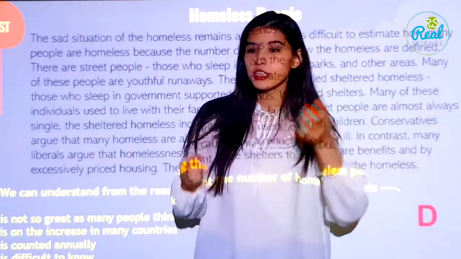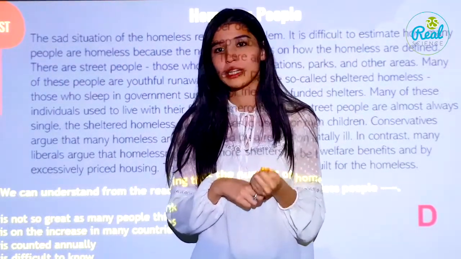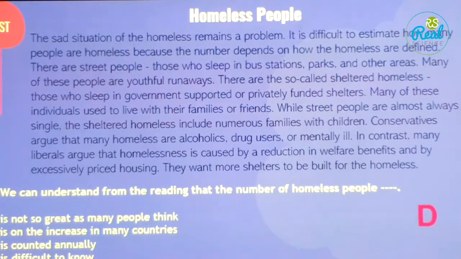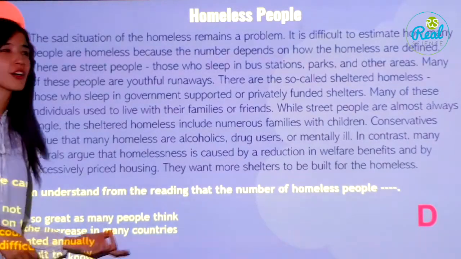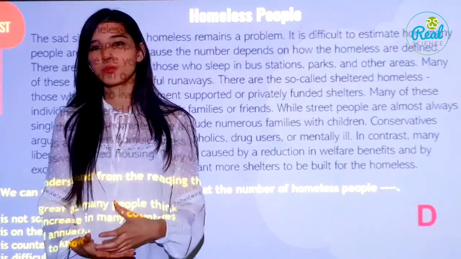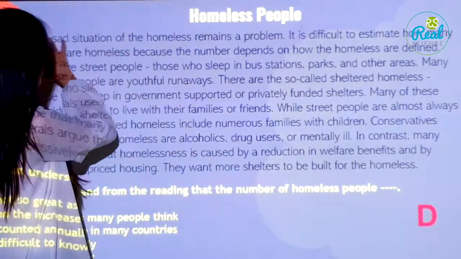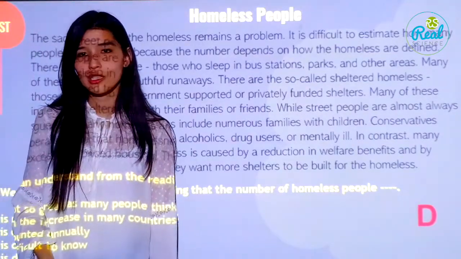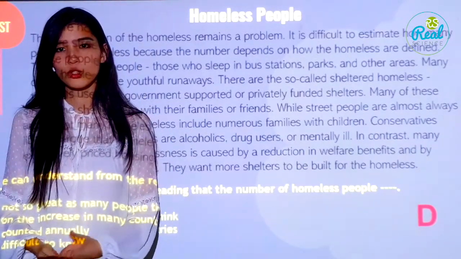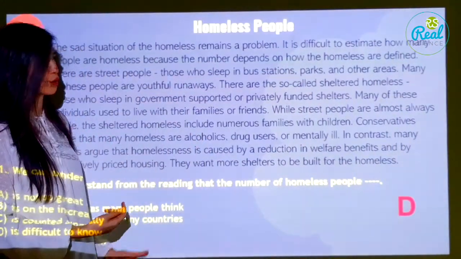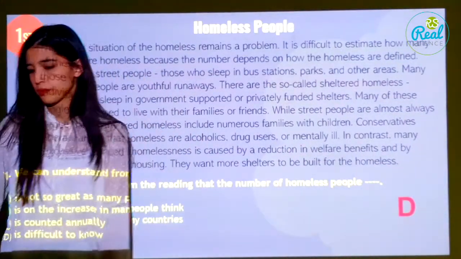You cannot measure, you cannot count them exactly. You don't know the exact numbers, so that's why it is difficult to know. Answer is D. When answering the first question, most probably your answer will be found in the first line. As you should have already noticed, we do readings every lesson, and the answer to the first question is always to be found in the first line.